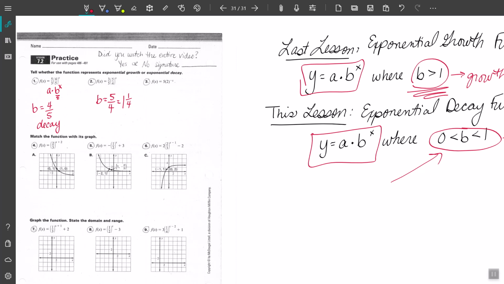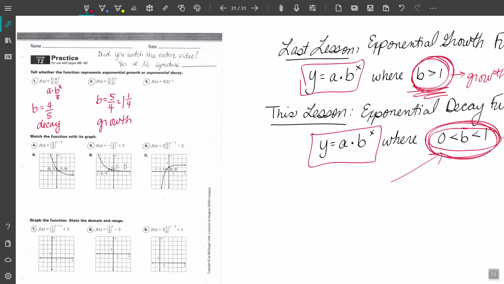We can leave it as 5/4, but you just need to be mindful of the fact that we can't say that if b is a fraction, it shows decay, because we could have an improper fraction that is actually greater than 1. So if it's a fraction, that kind of clues you in that it could be decay, but you need to make sure that it lines up with this principle over here saying that b has to be less than 1. So since it is greater than 1, it follows our growth pattern over here. And so we would say that this shows growth.